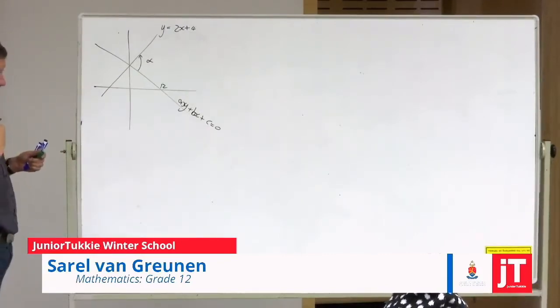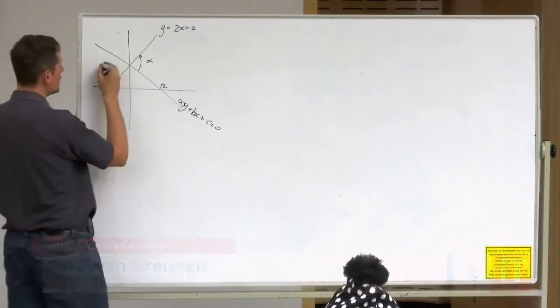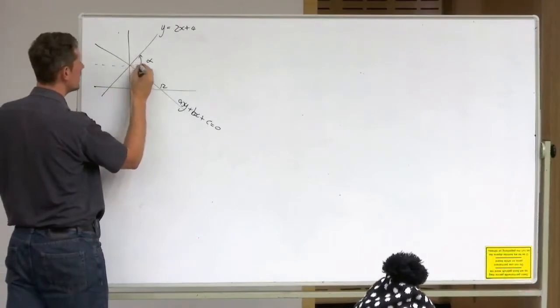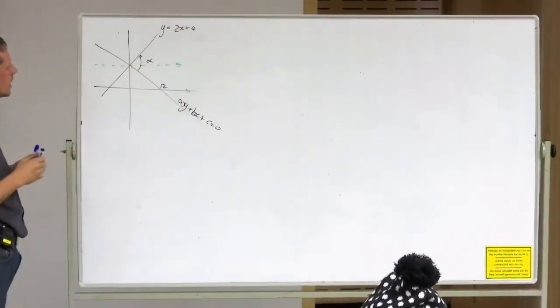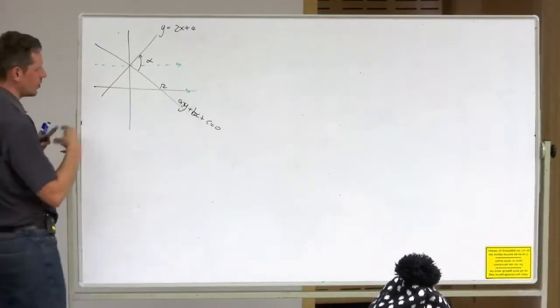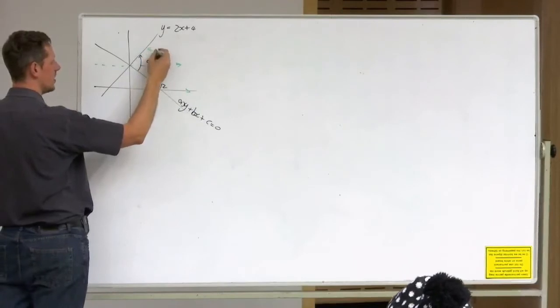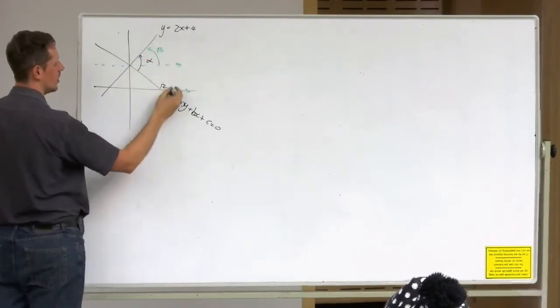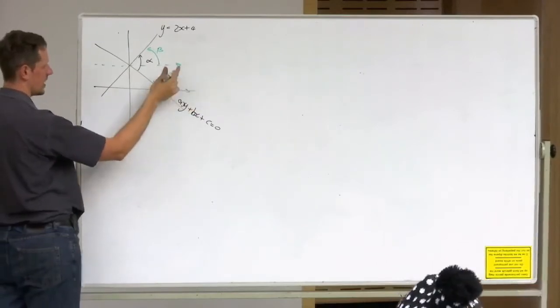Well, I would put it as close to alpha as possible. So I would draw a line that's parallel to your x-axis and put my angles of inclination where I can. Let's call that one beta. And let's call this one, I mean theta, because I already have an alpha on there.